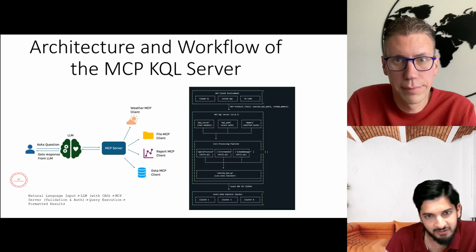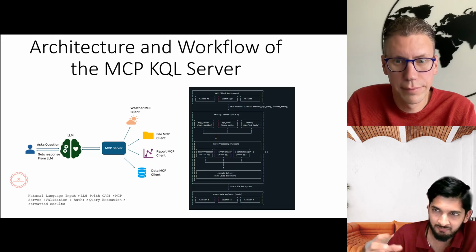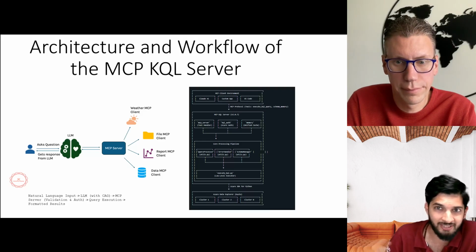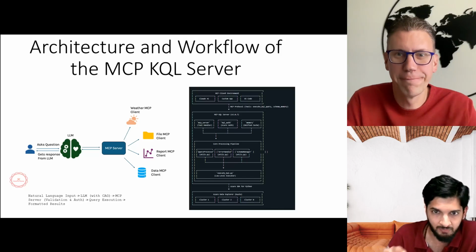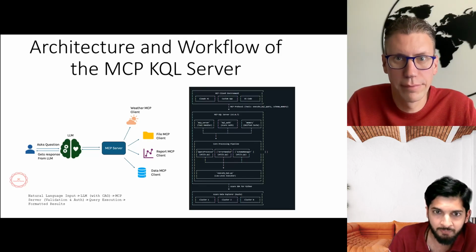Here I can give you a very basic overview. The client is where your AI LLM is working, could be a cloud AI or custom applications or VS Code or ChatGPT, whatever, where you are giving the prompt. That is called the MCP client.